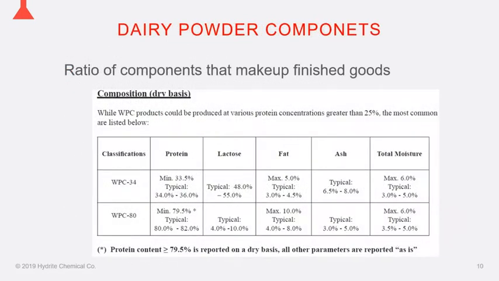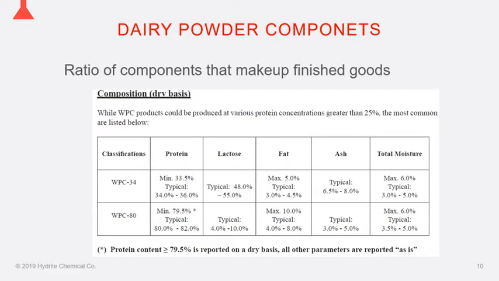In measuring those product critical targets, here's an idea of how they operate the machines. This happens to be targets for, looks like WPC 34 and WPC 80, and they'll have ranges, much like our chemistry have ranges. Product being sold on the market does have ranges, and there are legal limits to those ranges.